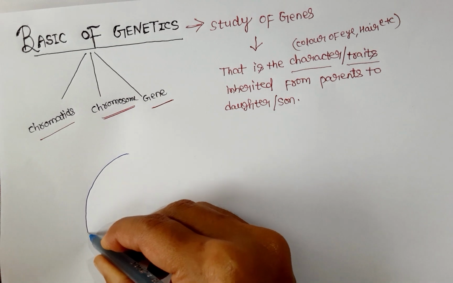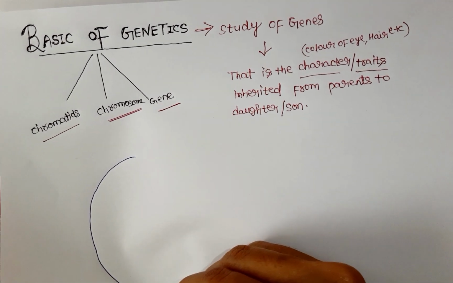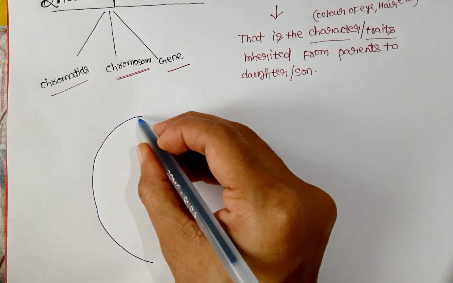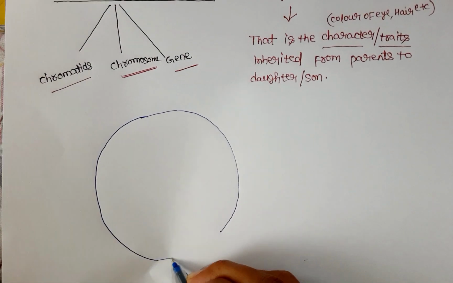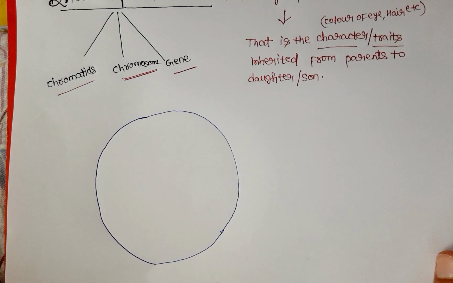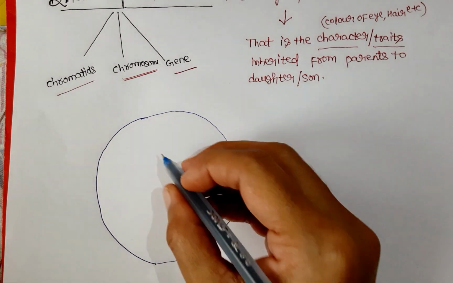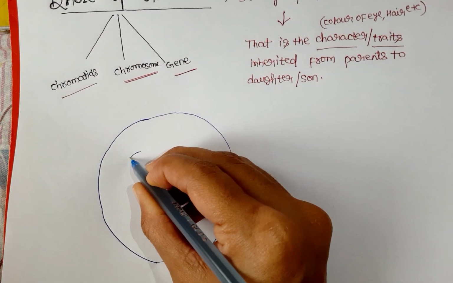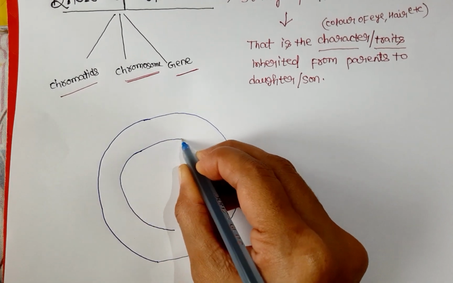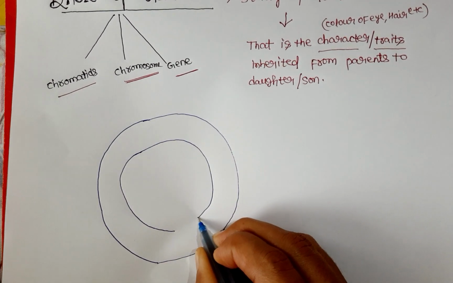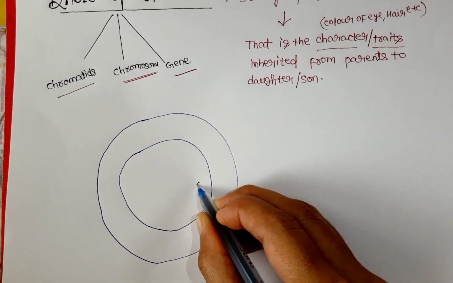So I am making the cell. This is the cell membrane, and under this there is a circle which is known as the nucleus, and there is a nucleolus.